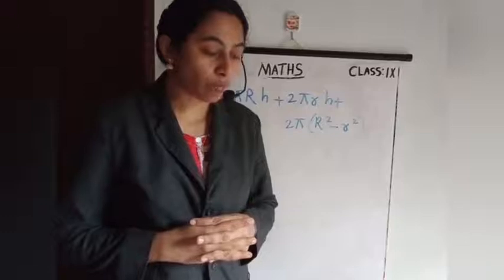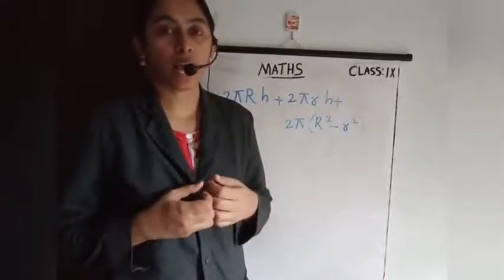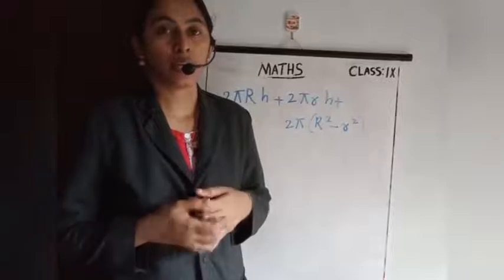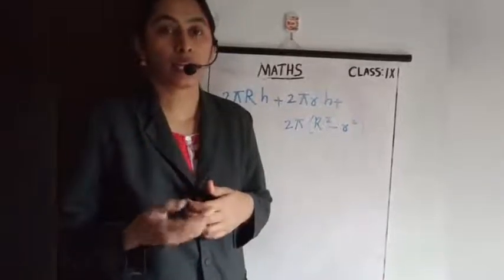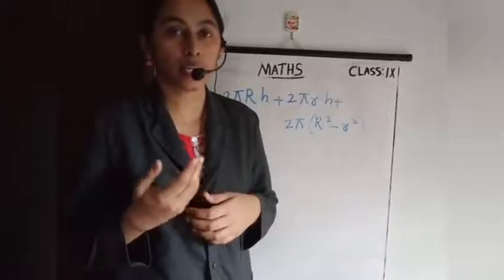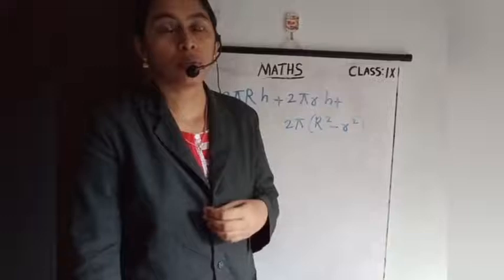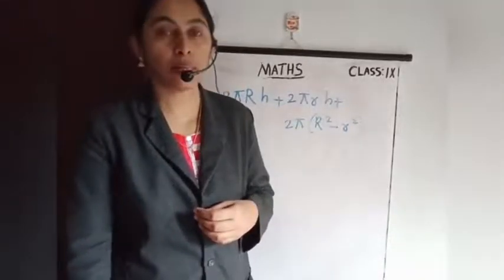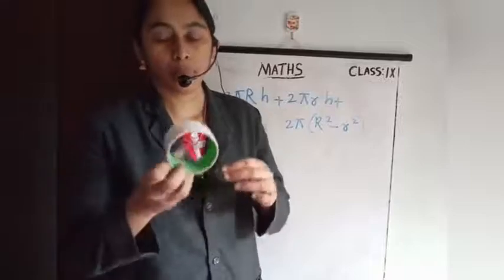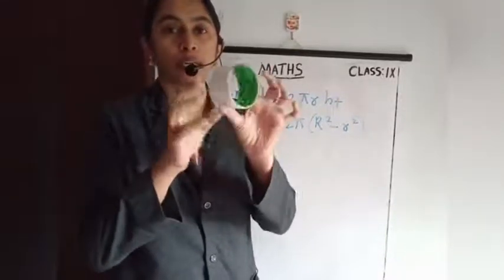It is for homework. Now take outer radius as capital R and inner radius as a small letter r. Now we need the total surface area. So listen carefully. This is a metal pipe. Pipe is like this. Inside portion is a hole, isn't it?